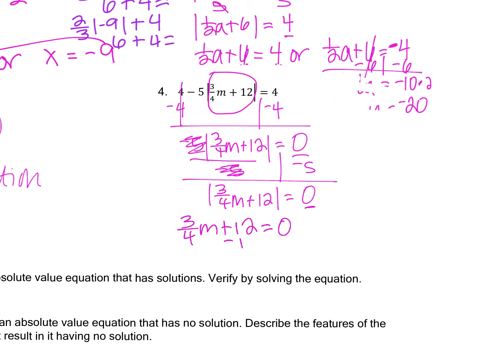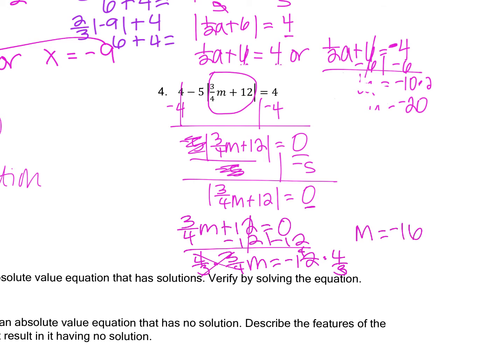So I need to isolate the m, subtract 12. And then flip it and multiply to get rid of the fraction. So you should have m equals, that would be -16. So again, you get one answer on this one because if you have a 0 there, you can't do positive and -0.